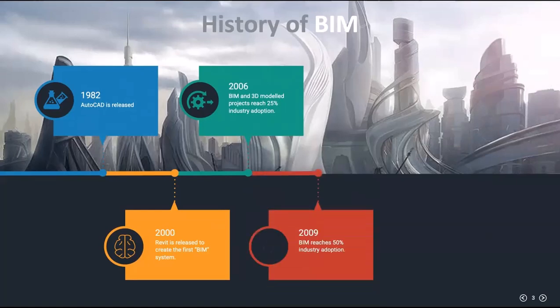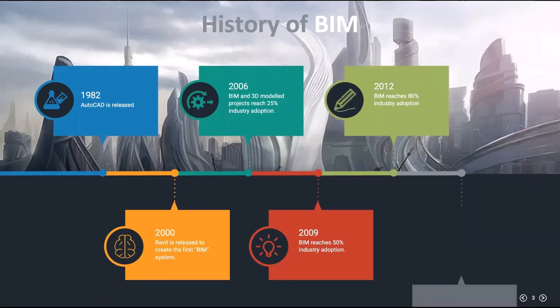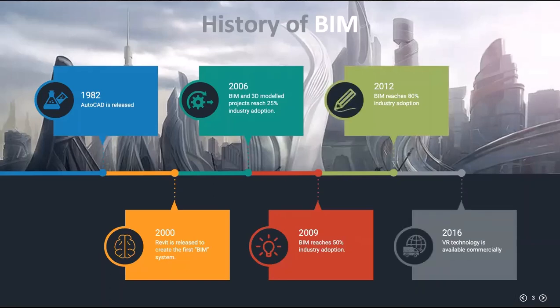Then in 2009, BIM reached 50% adoption all over the world, and of course mostly these were the developed countries. Similarly, in 2012, it was 80%. So 80% adoption means that BIM has been adopted everywhere in one way or another.